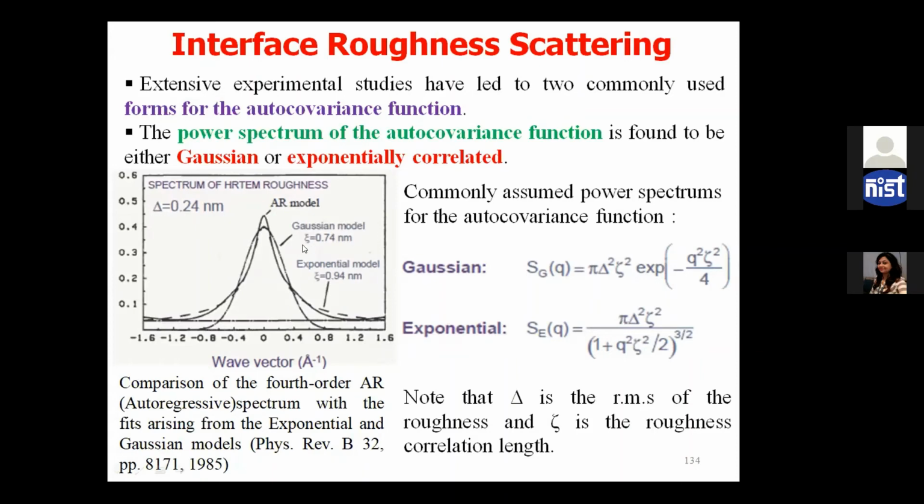Then its roughness correlation length is different in case of the exponential model. So specifically in our analysis here, we take this Gaussian approximation. So it depends upon delta, the RMS of roughness, and zeta. Both depend upon the material. For different materials, these values will be different.